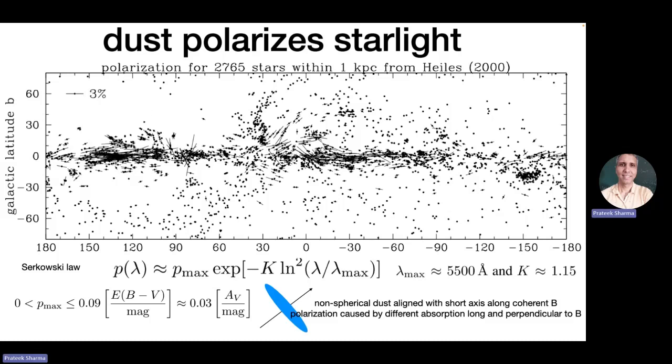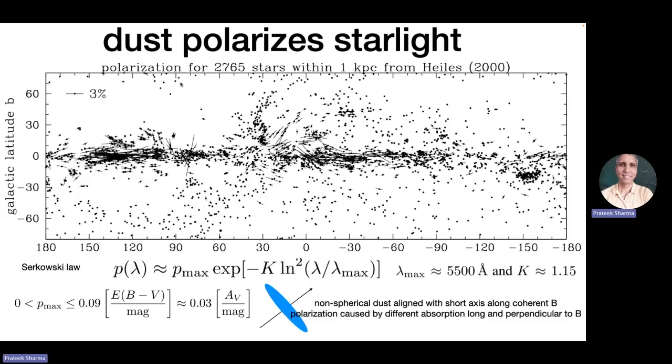You see that a lot of these stars in the galactic plane have high polarization, and their polarization angles are in the plane of the Milky Way. The stars at high B don't have as much column in the interstellar medium, so they have low polarization.